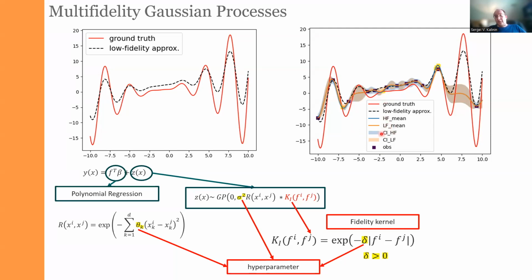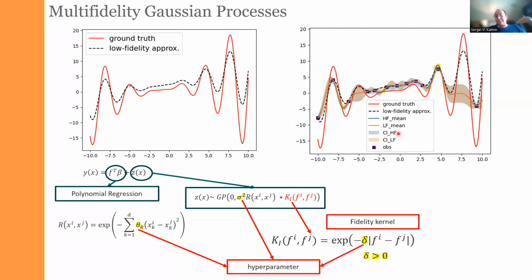And in the end, we, of course, evaluate the high fidelity mean function and low fidelity mean function. And of course, each function comes with its own uncertainty. So again, we have two functions, exact and approximate.